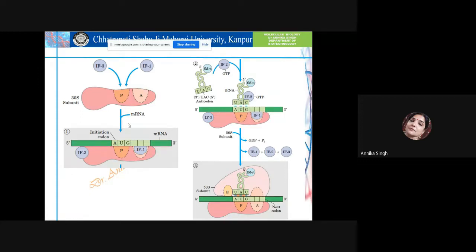The messenger RNA then binds to the 30S subunit, and the initiating 5' AUG is guided to the correct position by a sequence known as the Shine-Dalgarno sequence, which is named after an Australian scientist.